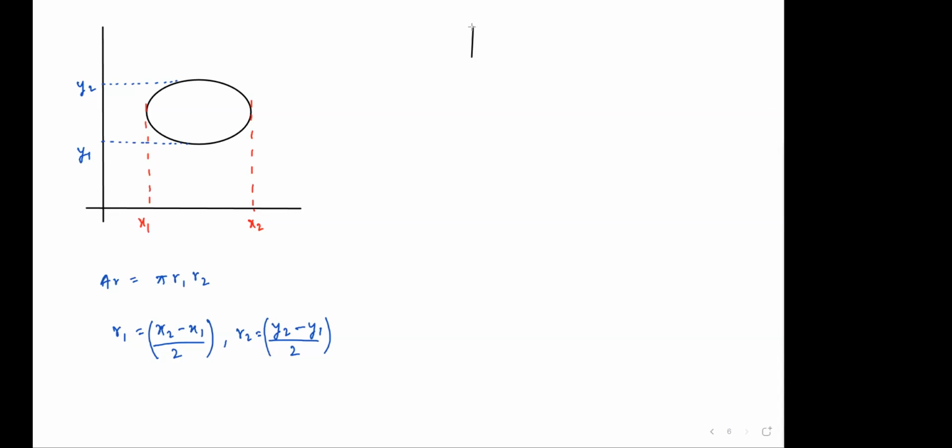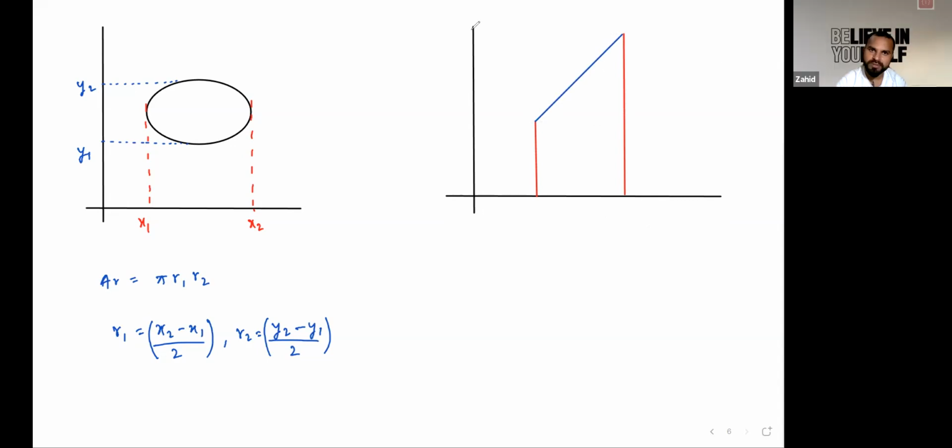Next, suppose this particular figure is a trapezium.